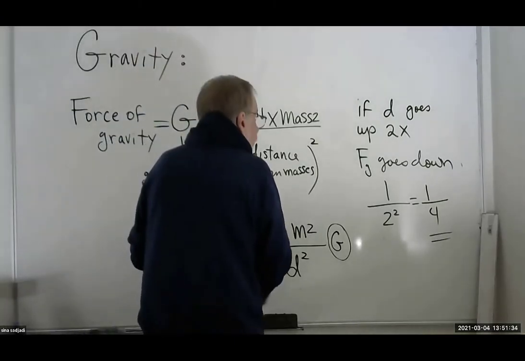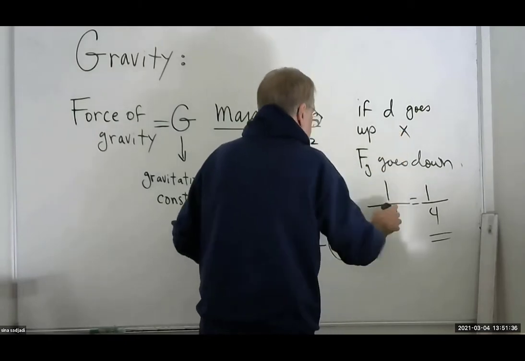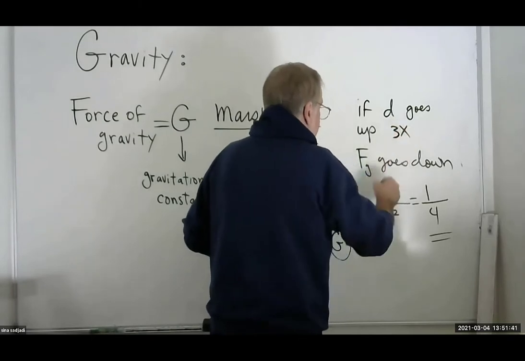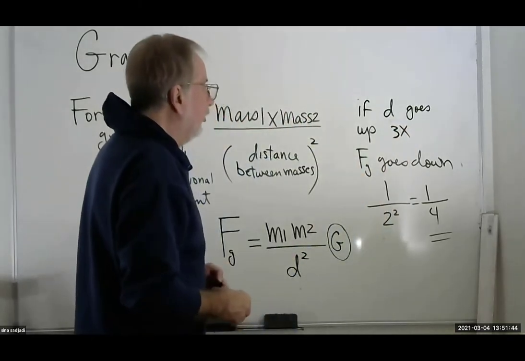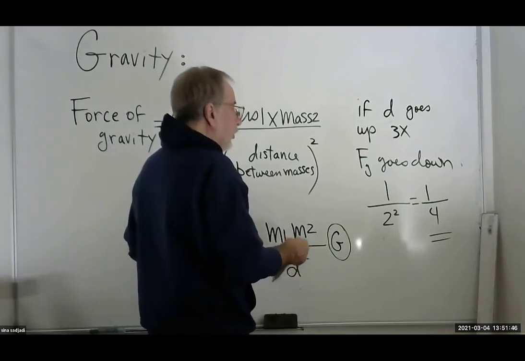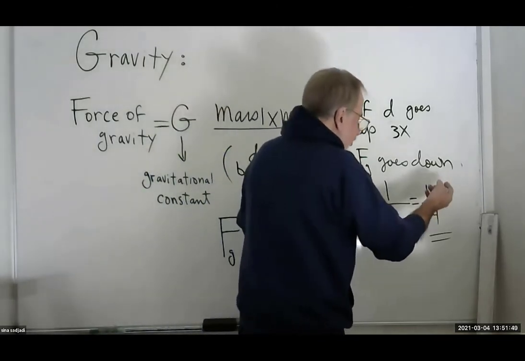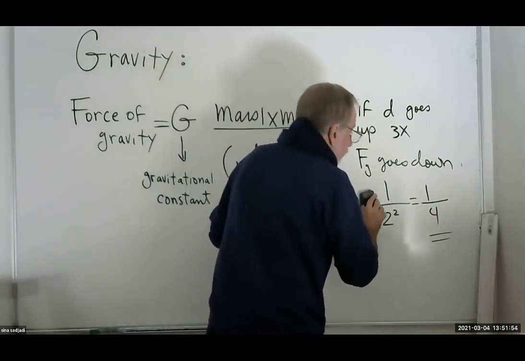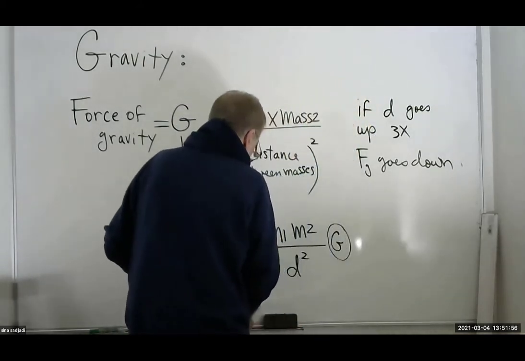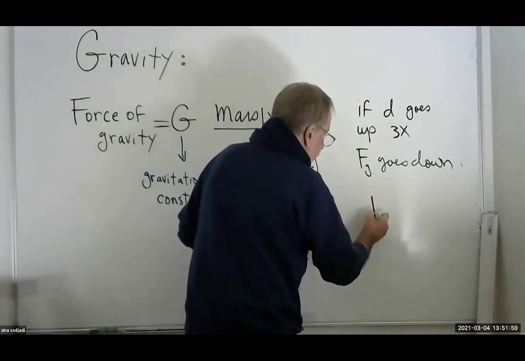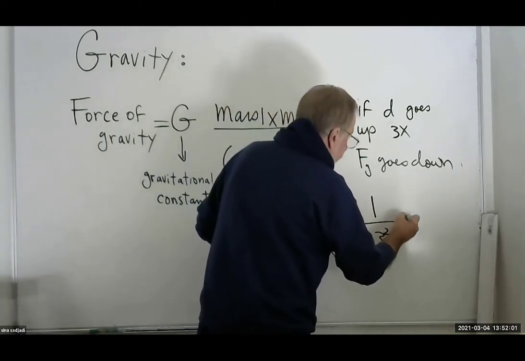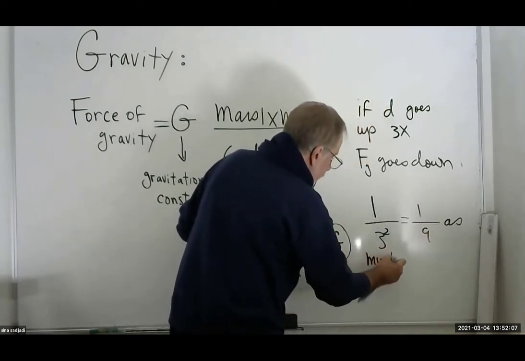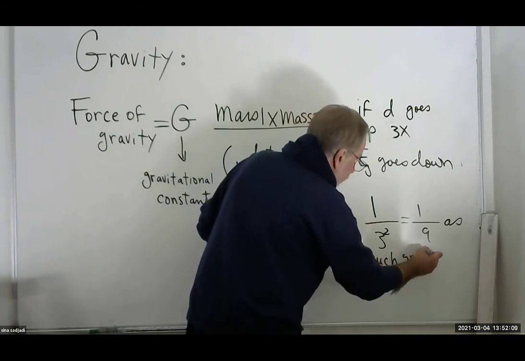So if the distance goes up 3 times, what happens? How much does the force of gravity decrease now? 1/9. 9 times, right? 9 times or 1/9, whichever you want to use. So that's 1/3 to the power of 2, or 1/9 as much gravity.